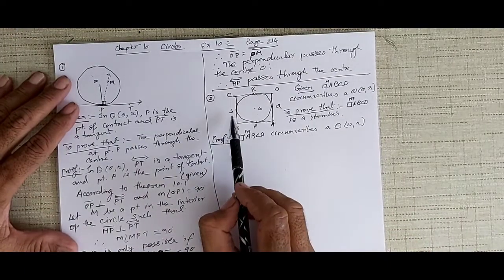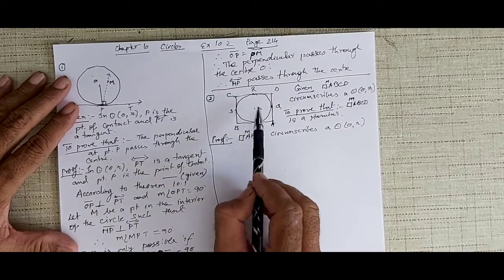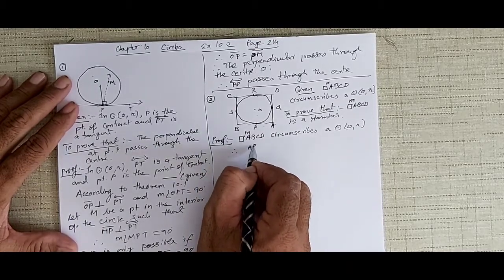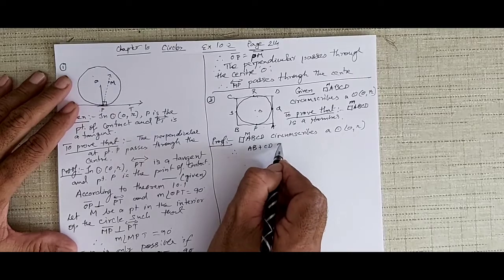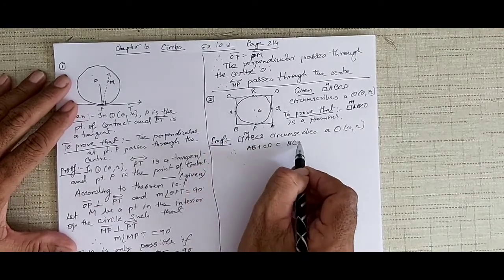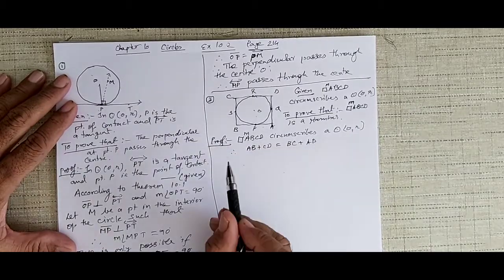And therefore we proved that AB plus CD, opposite sides, is equal to BC plus AD.